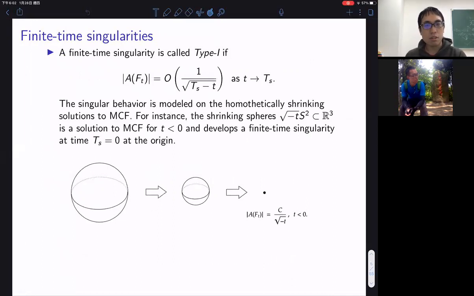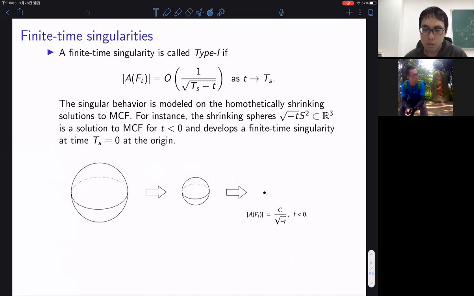We say a finite time singularity is type 1 if the second fundamental form blows up like 1 over square root of Ts minus t. This kind of singular behavior is modeled on the homothetically shrinking solutions to mean curvature flow.